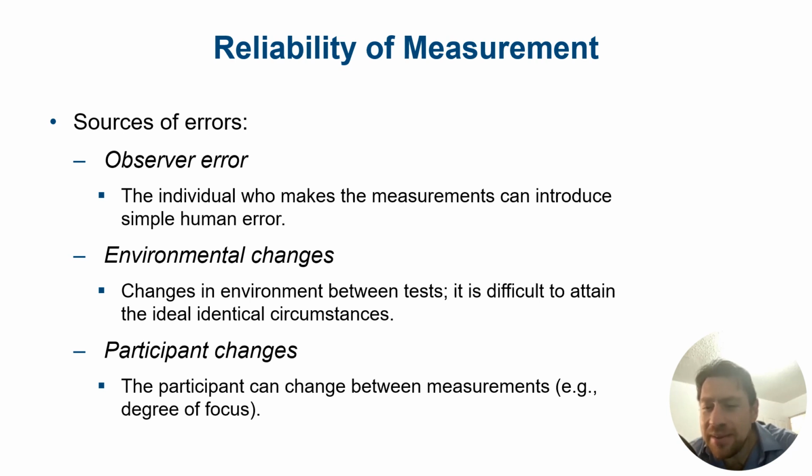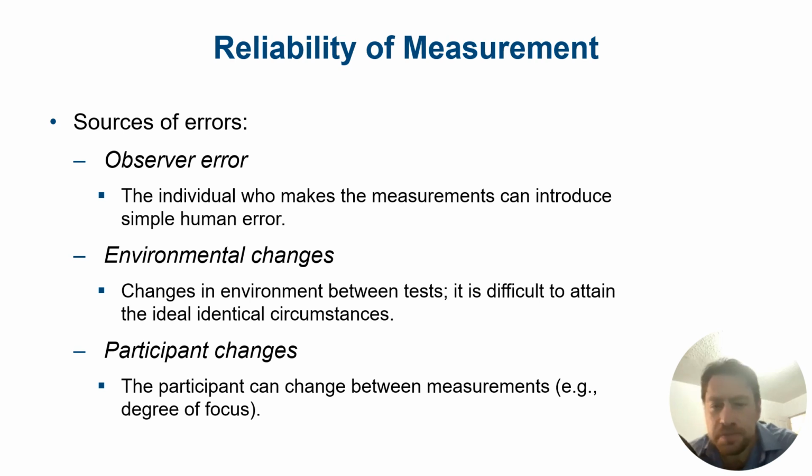For example, a professor grading an essay might give the same essay a B plus on Wednesday, but an A minus on Friday. Okay, there's human error and variability in the ways that humans analyze the world around them, even for the same stimulus.